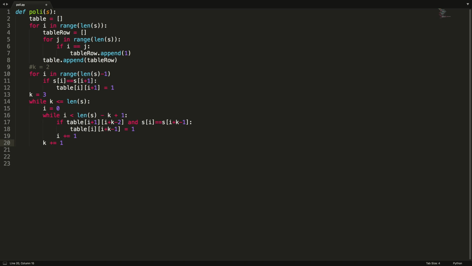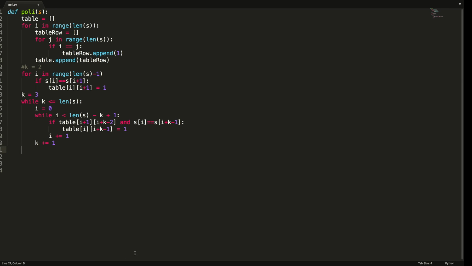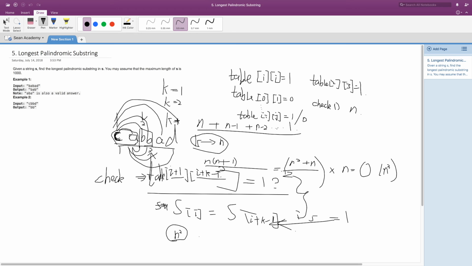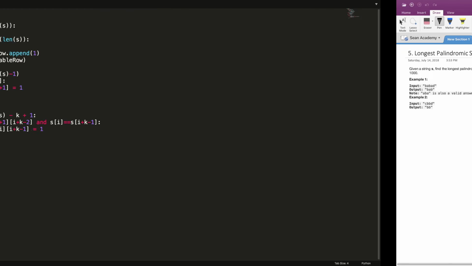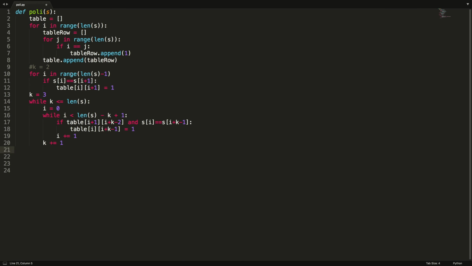So for now, we finish this table, but we need the output, which is the longest palindromic substring. So we need to find the index of the palindrome by i in range length table.